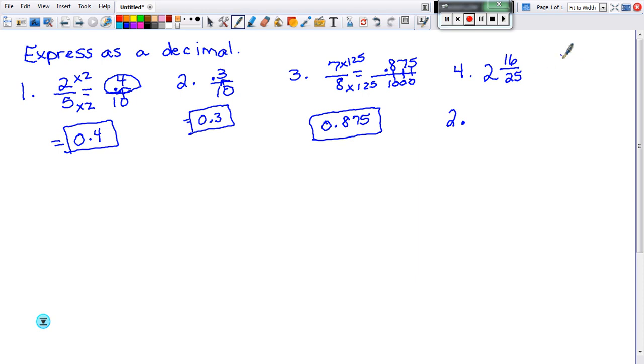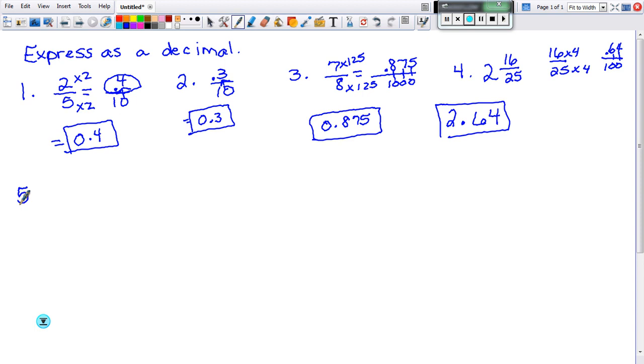Now you work with the fraction part, 16/25. You can make 25 become a power of 10 by multiplying it by 4, so you get 100. Multiply the 16 by 4, you get 64. Line up your zeros, put your decimal. So this is 2.64 as my final answer for number 4.